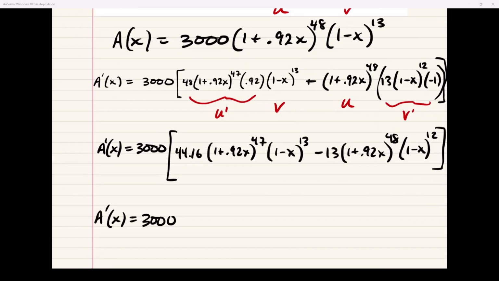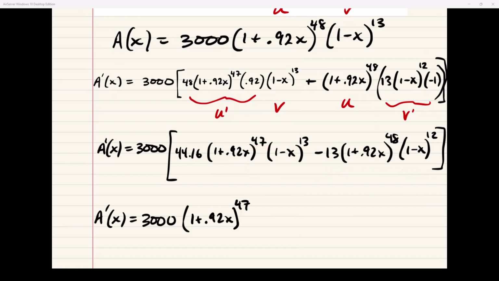At this point, I'm looking for anything in common that we can factor out in front. So sure, let's put 1 plus 0.92x with a power 47, because I have 1 plus 0.92x to the 47 power in one term and to the 48 power in the other, so the greatest common factor is the lower power, 47.